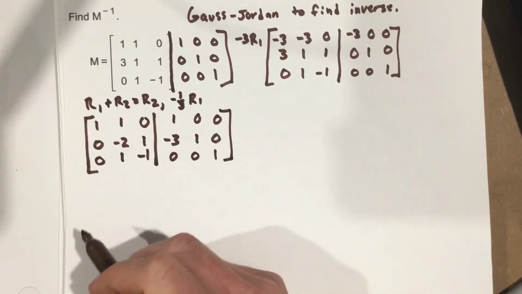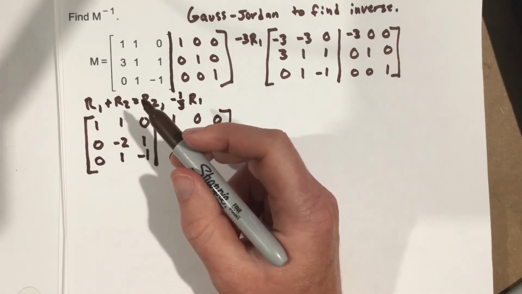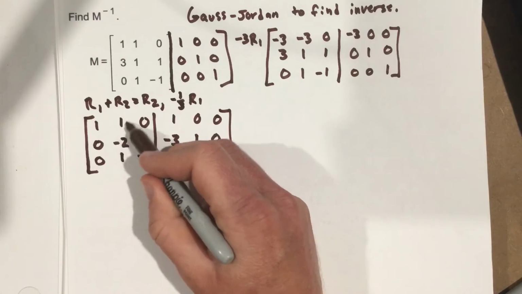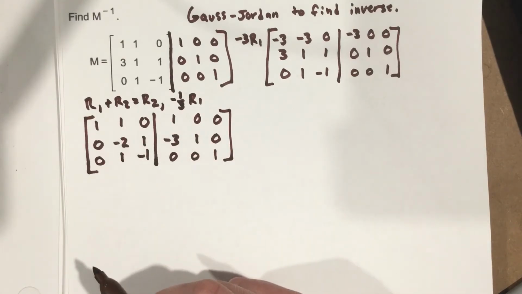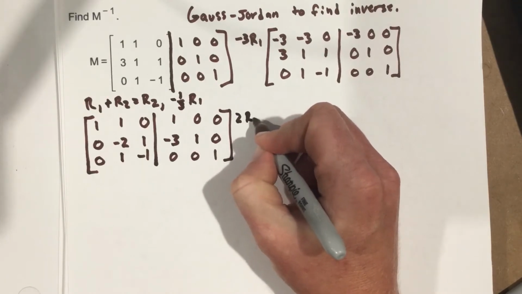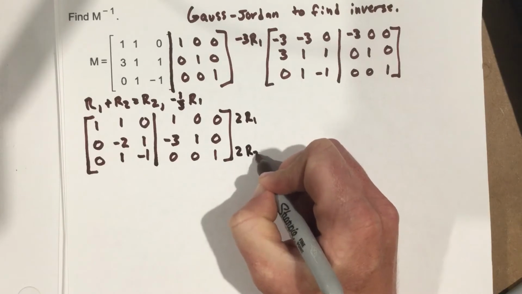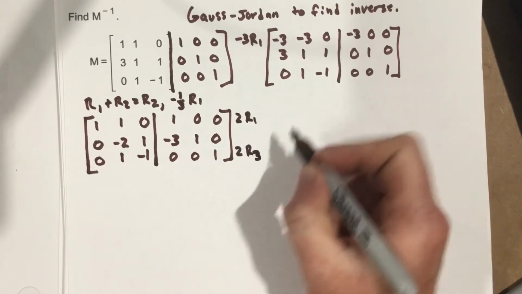All right, I want to cancel both this 0 and this 0 if I can at the same time. So I'm going to multiply the top row by 2, and I'm going to multiply the bottom row by 2 as well, R3.